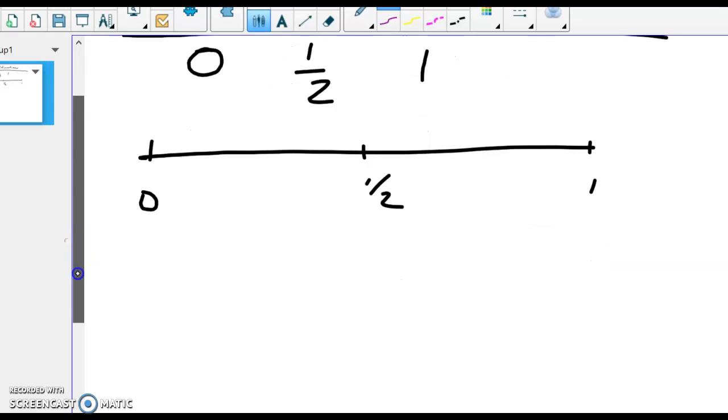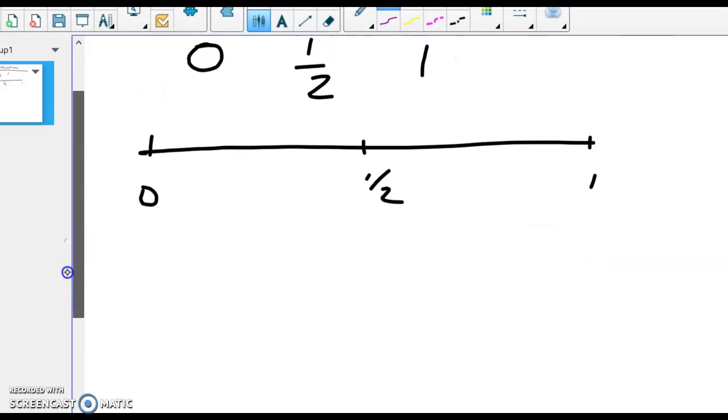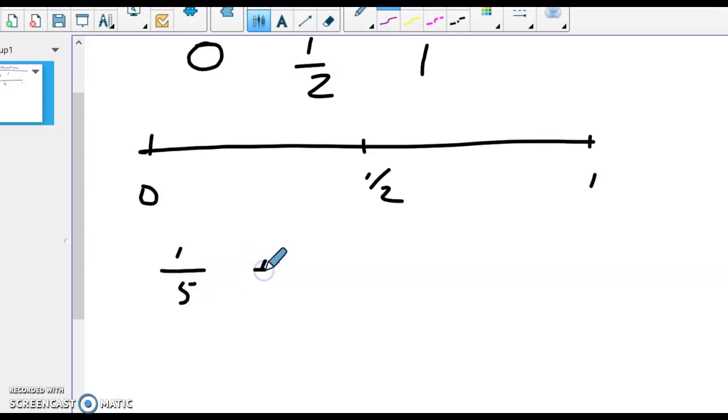So if you have, for example, 1/5 plus 4/6, we want a quick estimate here.